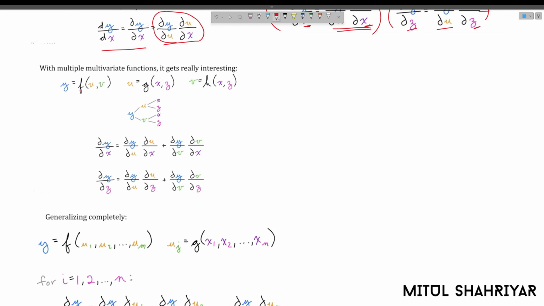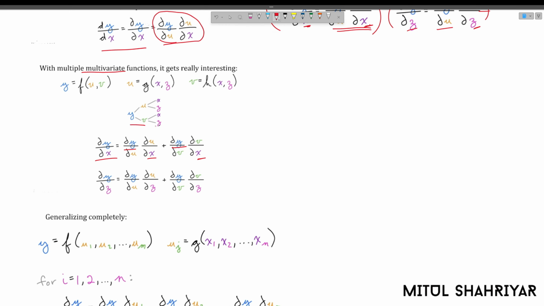Okay, when we have multivariate functions, the same thing happens. Again dx, okay. Interesting, right? Here you can see that y is dependent on u and v.